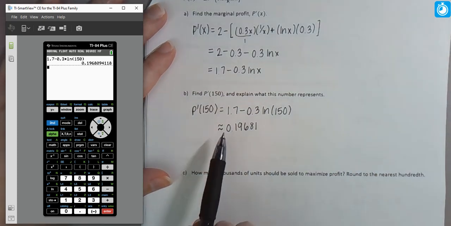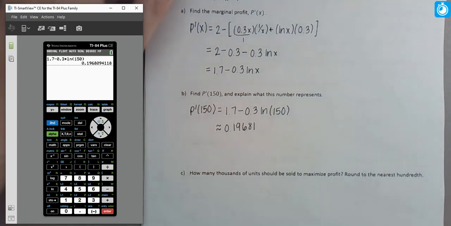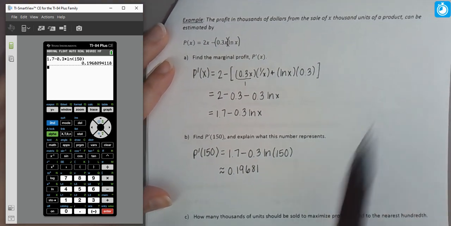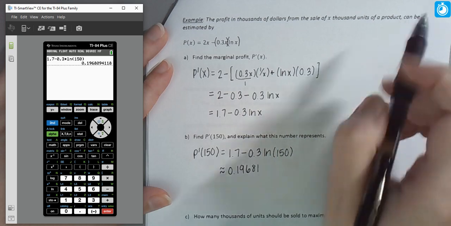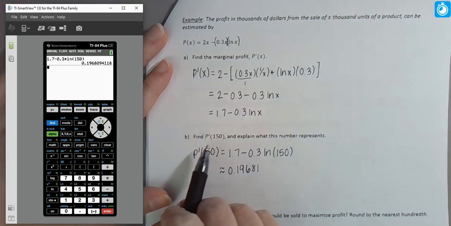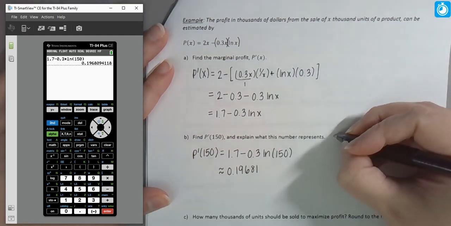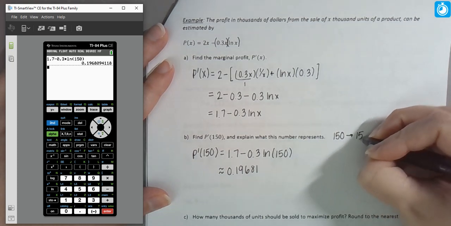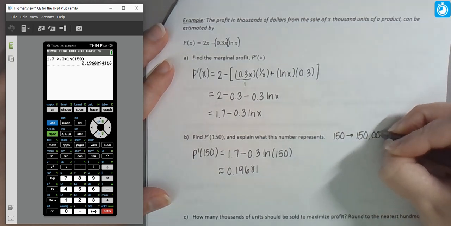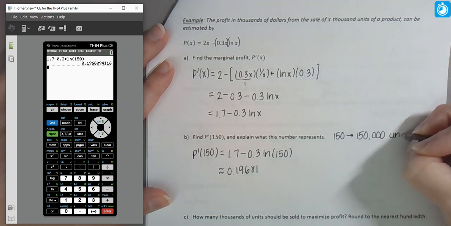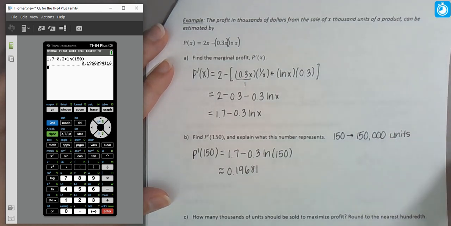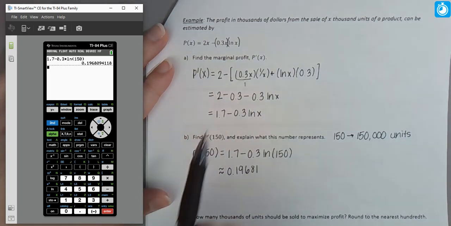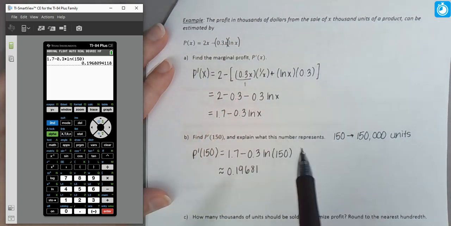Okay, now what does this mean? Let's go back to the units. So we were told that inputs represent thousands of units. So this was 150,000 units. So 150 means really 150,000 units. And we were also told that profit, the output, is in thousands of dollars.